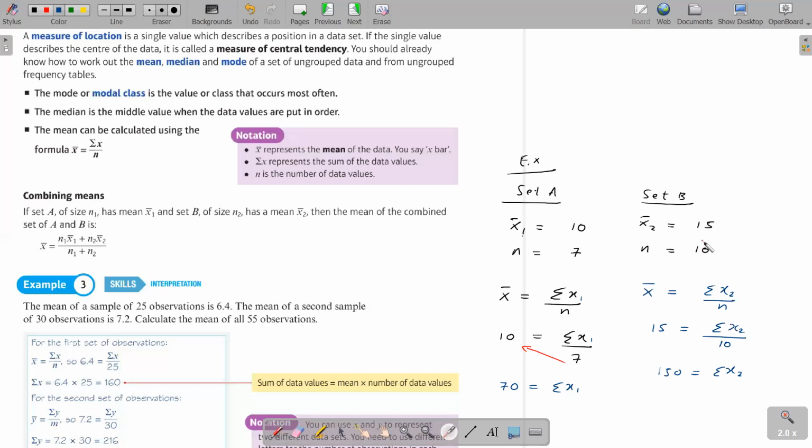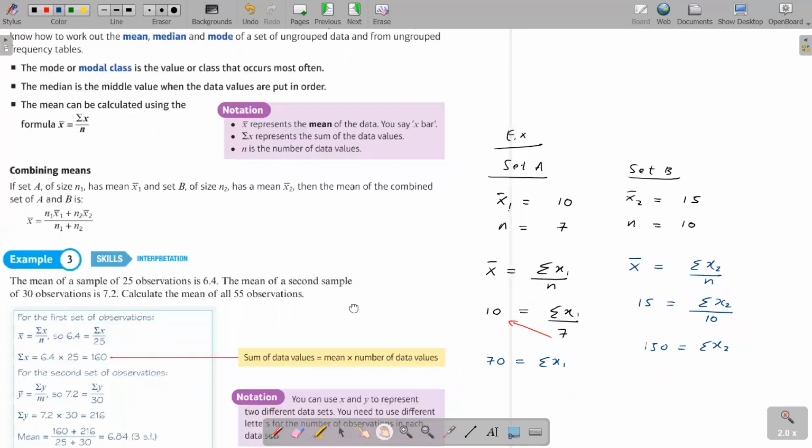If you add up the individual values of these 10 members, each member might have a different value. The first member might have an x value of 5, the other member might have an x value of 7, I'm just saying. Altogether, when you add all the 10 x values, it's 150.